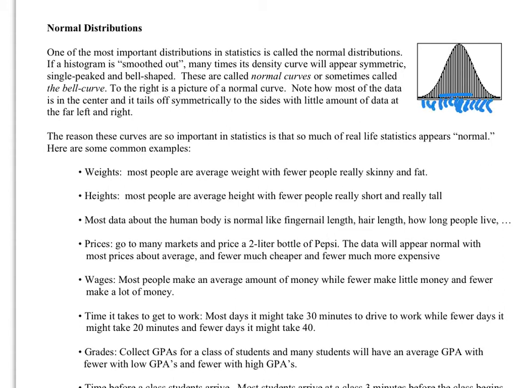It'd make a histogram that looked like that. If we did the SAT scores of everybody in Texas, it would make a normal curve. Almost anything that you can quantify, if you grab the whole population and make a histogram, it'll look like that.